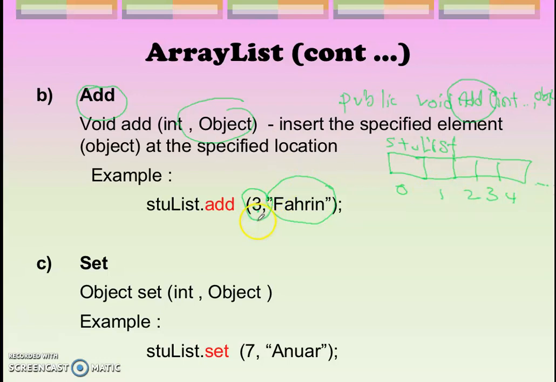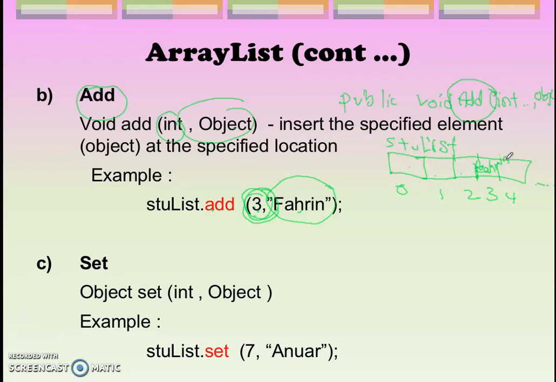So you want to insert to index ketiga, means that integer, kita punya integer. This one is add, so integer, object that we want to insert. So integer 3 means that index ketiga: 0, 1, 2, 3. So we want to insert here is Fahrin. Boleh? Okay, itu add.